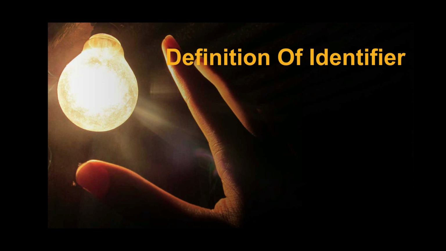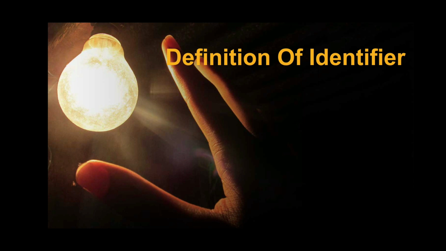How do we call these classes, interfaces, methods, or variables? With names. How are all these things identified? By identifiers.